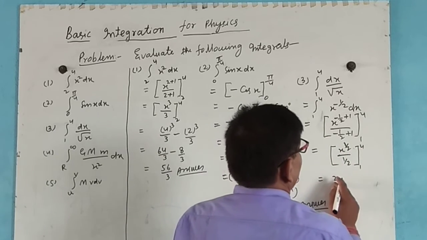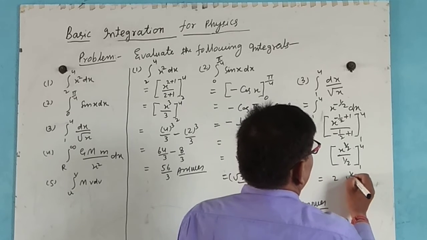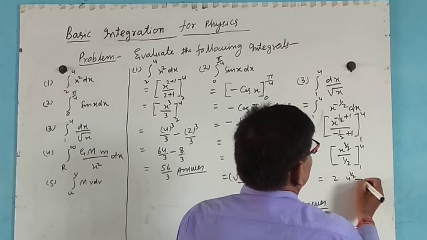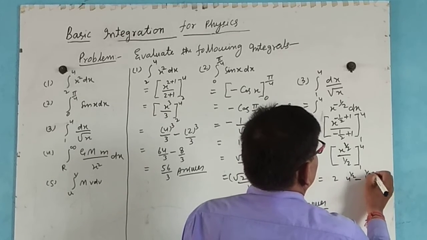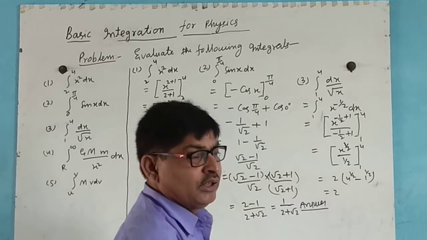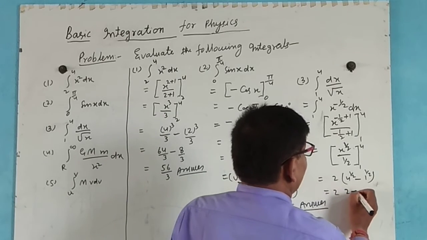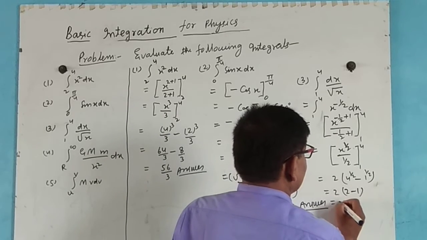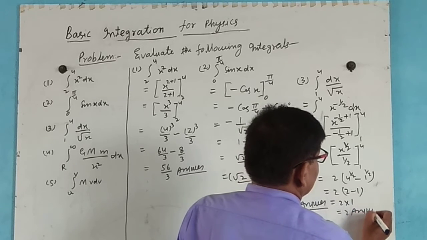This comes here as 4 to the power half minus 1 to the power half. Here 4 to the power half means 2, so 2 minus 1. This is equal to 2 into 1, equal to 2. This is our answer.